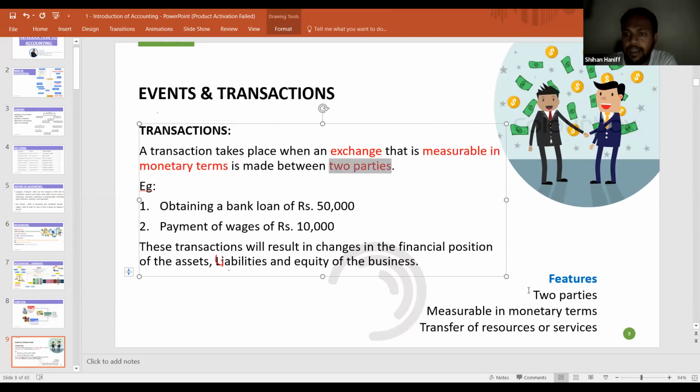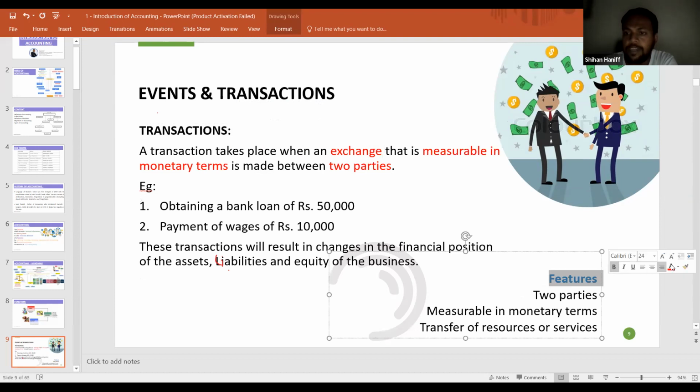We highlight 3 important features in a transaction. There are 2 parties involved. There is something which is measurable in monetary terms. And there is a transfer of resources or services. We call it a transaction.